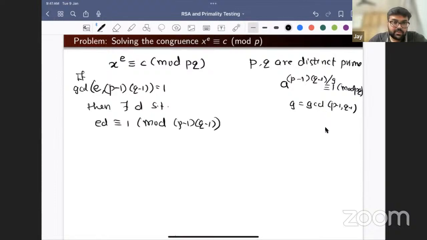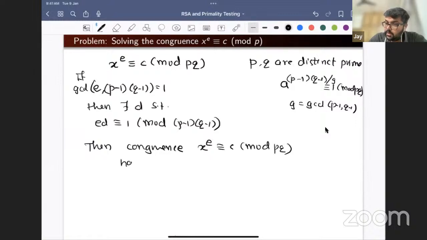We can just take the inverse of E on both sides. Then the congruence x power E is congruent to C modulo PQ has a unique solution again, given by x is congruent to C power D modulo PQ.